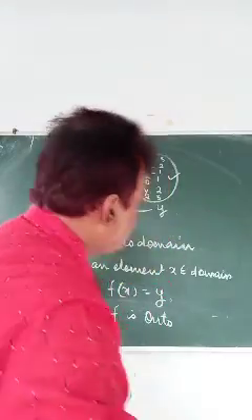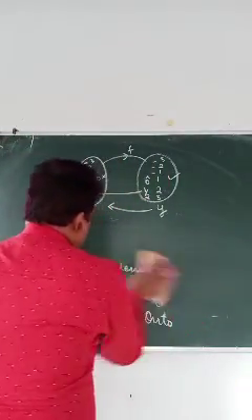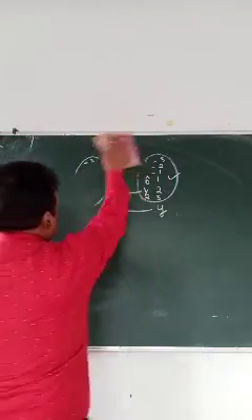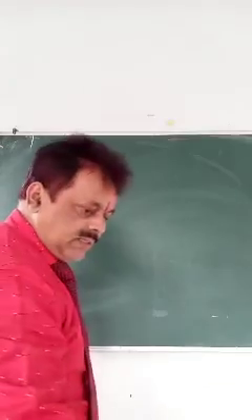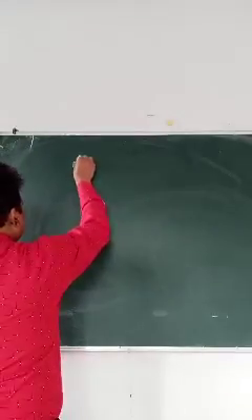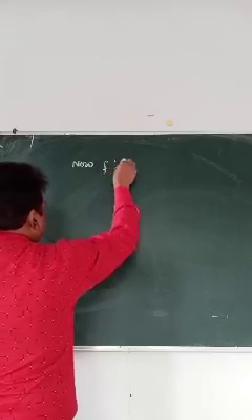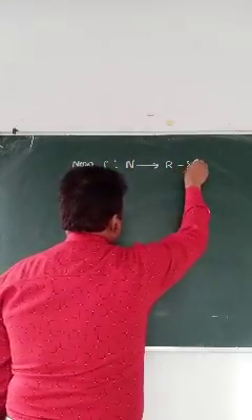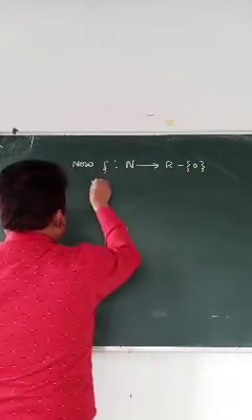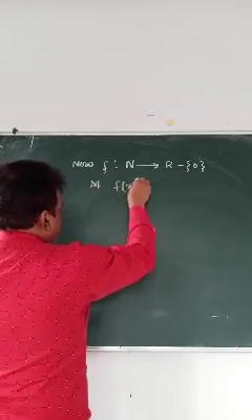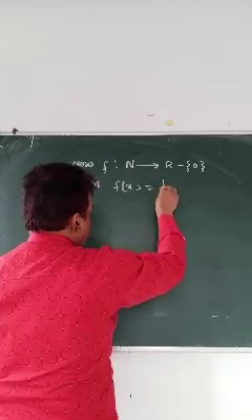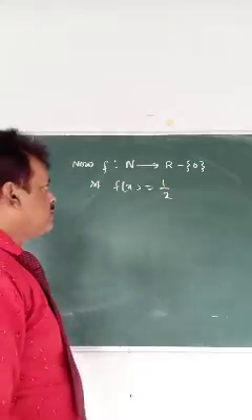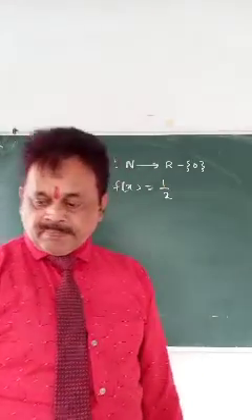Now the question is, what is there? f is a function from natural number to real number minus 0 such that f(x) equals 1 by x. So in that case what will happen here?